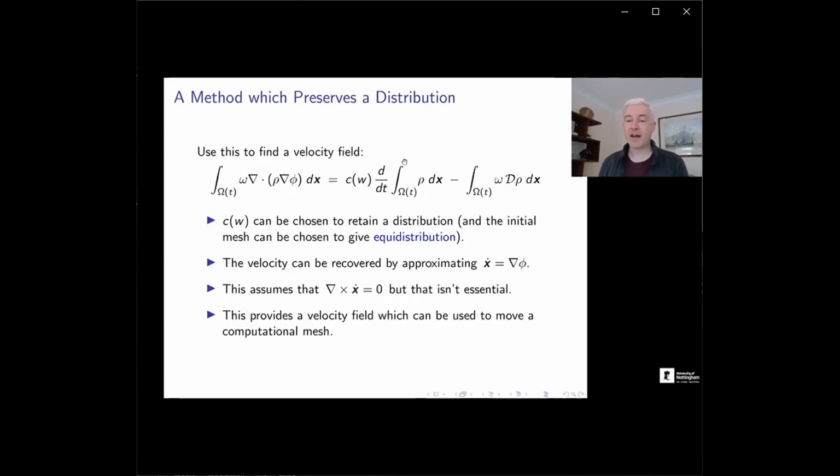We have the freedom to choose what we do with these terms here, and that's relating to the distribution of the points. So we can retain a distribution from an initialization, which might be equidistributed. We recover our velocity from the potential. We have made an assumption in this particular case that the curl of the velocity field is 0, but that's not essential. And this allows us to move the computational mesh.